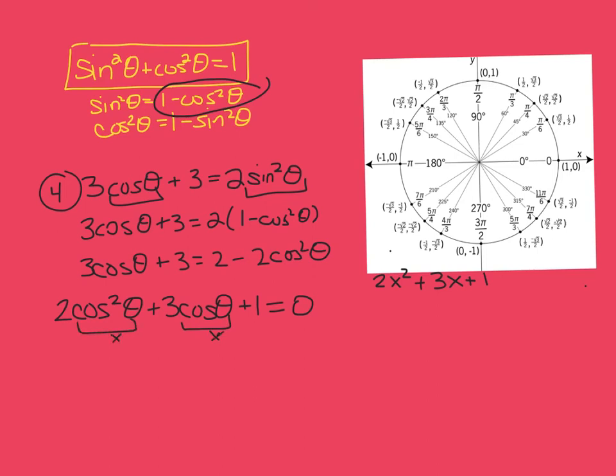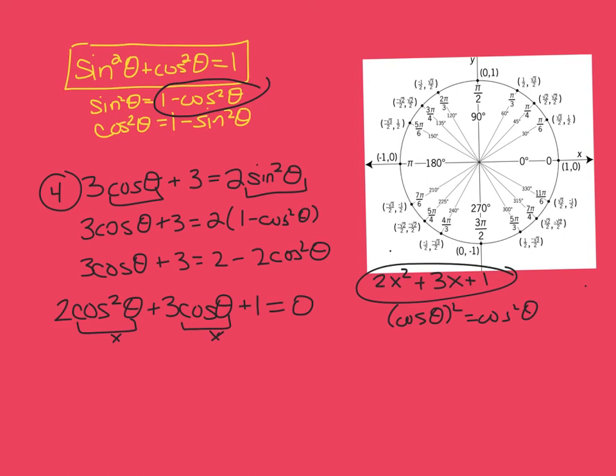So keep in mind that cosine squared theta is the same as cosine of theta squared. That's something people sometimes forget. So you can think of it as if the x has been replaced with the cosine, if that makes it easier. There are a few ways to solve this problem.